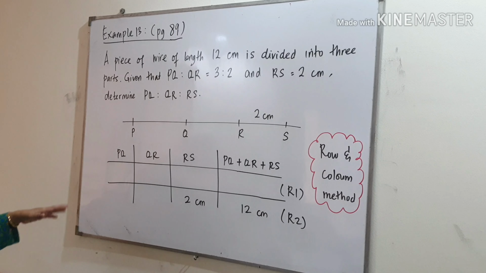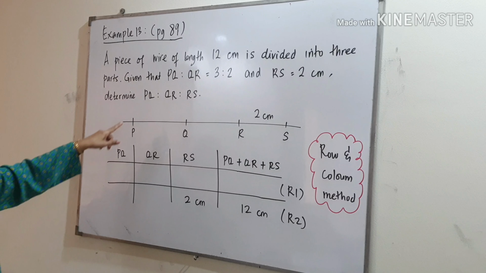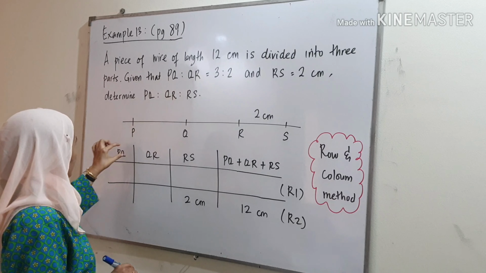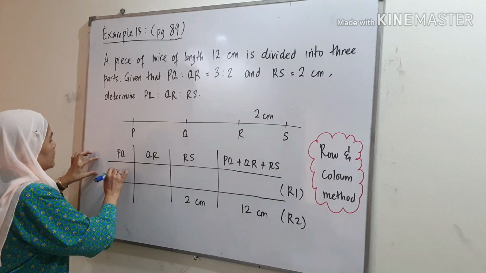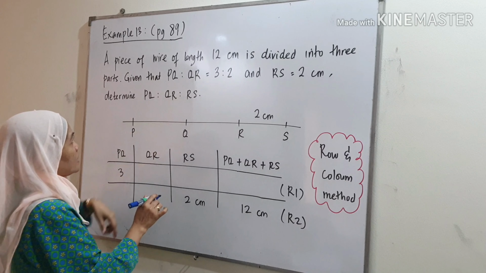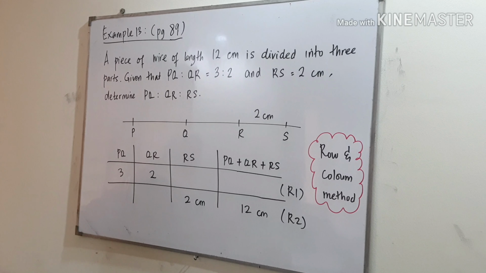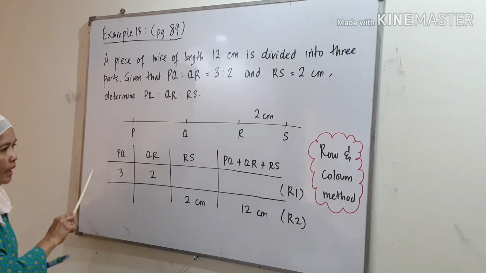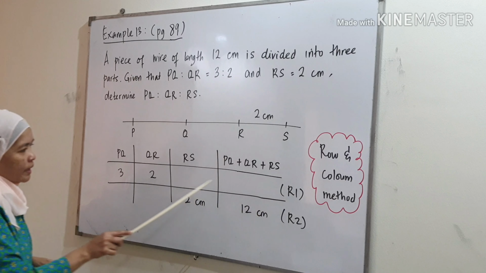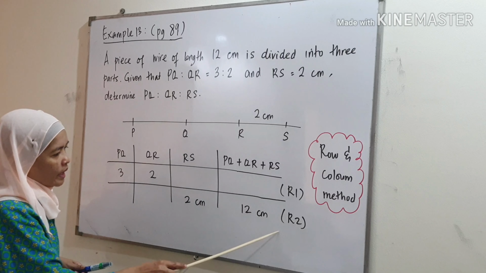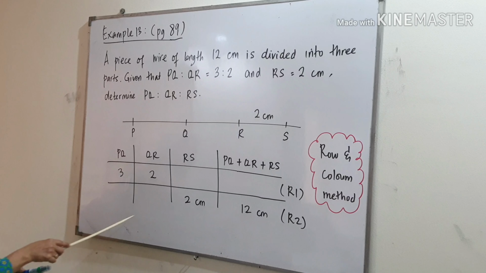Okay, so PQ, QR. PQ is 3, QR is 2. So PQ ratio QR is 3 ratio 2, and row 1 is for the ratio, row 2 is for the real value.